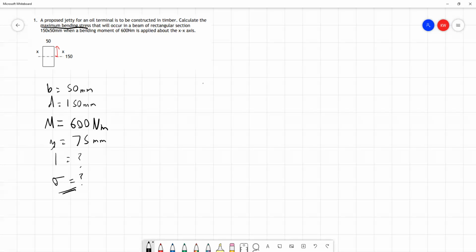If you look up your course notes, you'll see the formula for a rectangle is b times d cubed divided by 12. And we have these values, so we've got 50 times 150 cubed divided by 12.